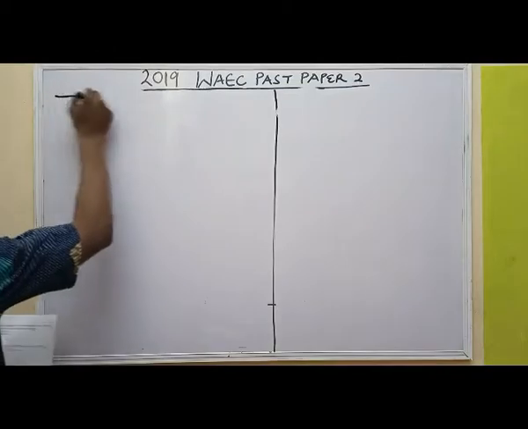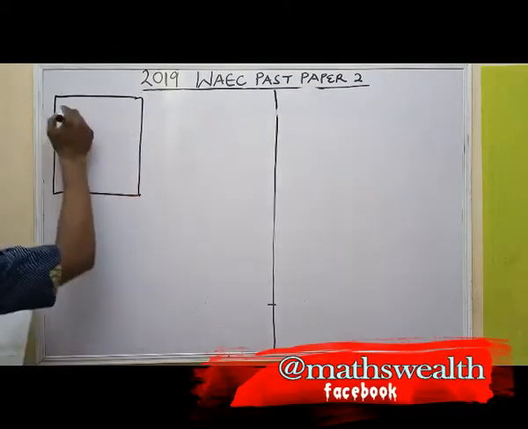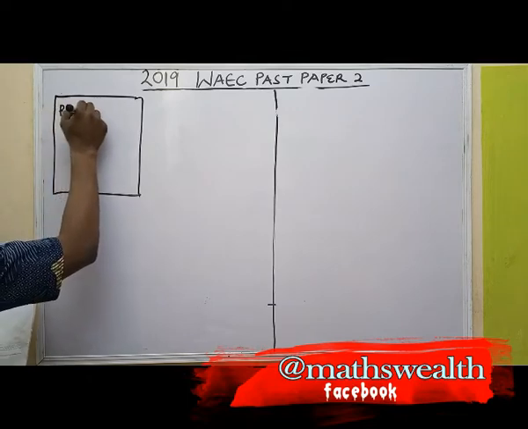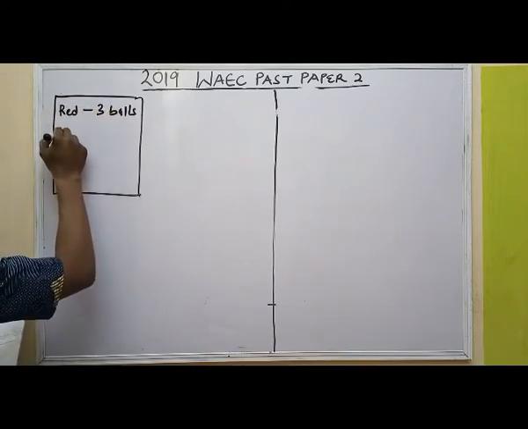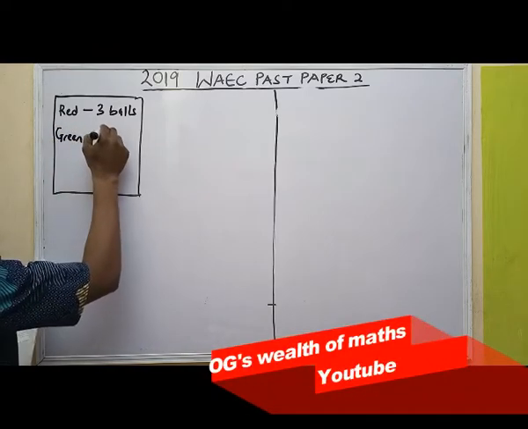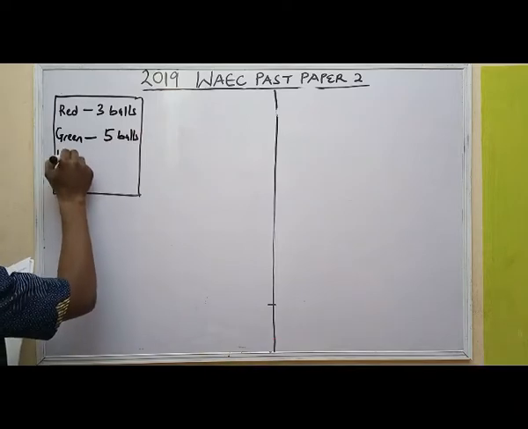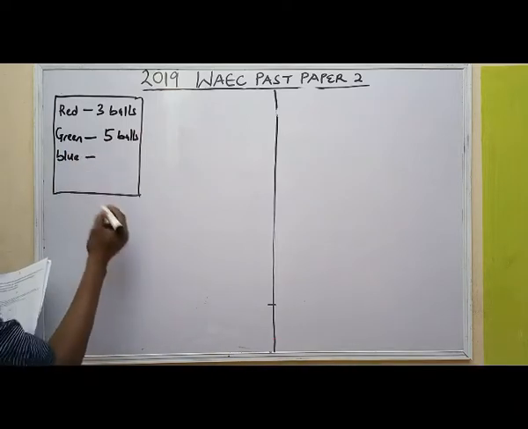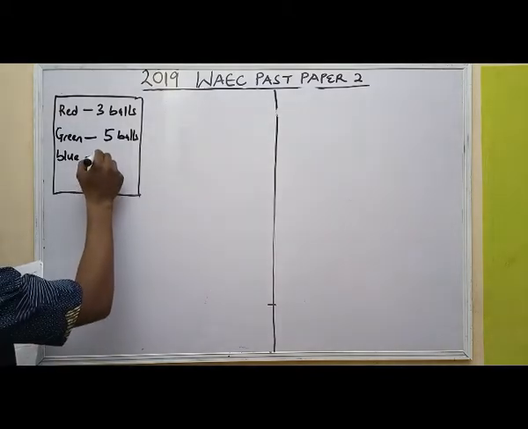Now let's assume this is the sack. We have red, 3 red balls. We have green from the question, 5 green balls, and then we have blue. We're not told the number of blue, they just said a number of blue balls.